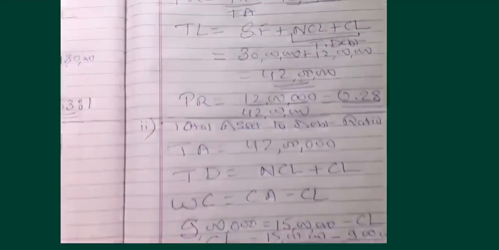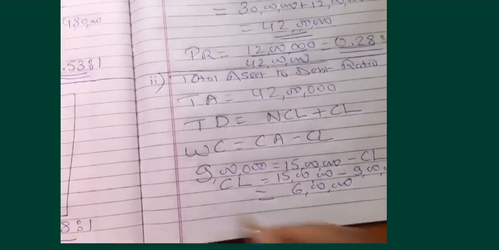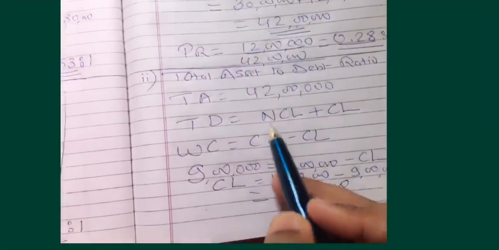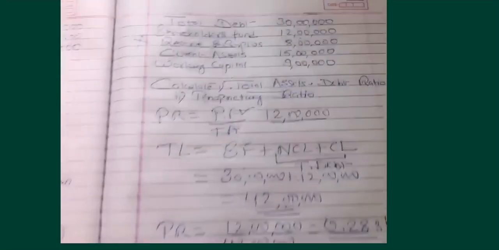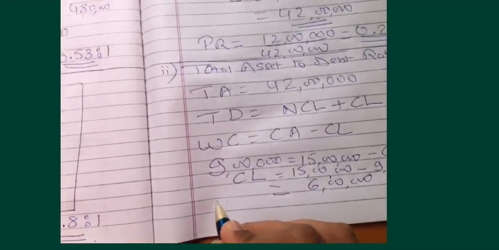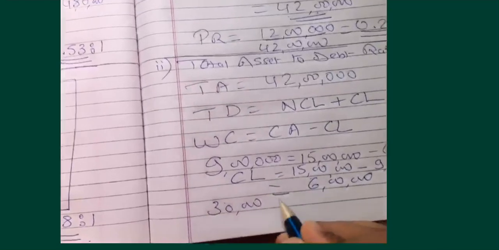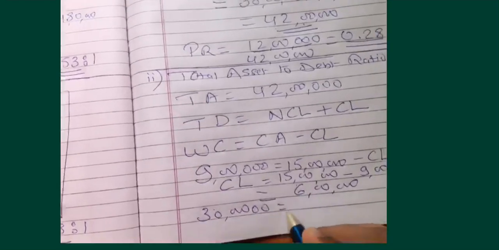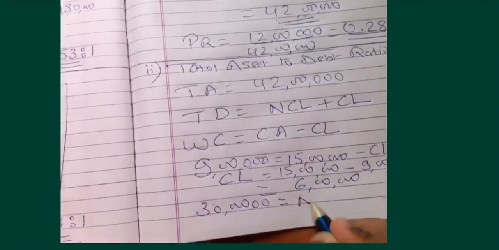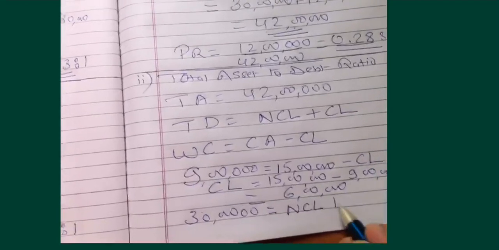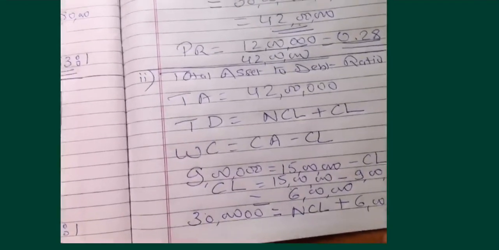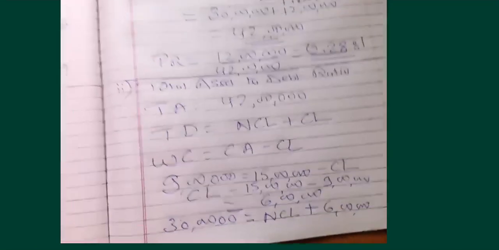Now we have the value of current liabilities and total debt, so we can easily calculate the non-current liabilities. Total debt is given as 30 lakh. So total debt 30 lakh is equal to non-current liabilities plus current liabilities, which we calculated as 6 lakh.